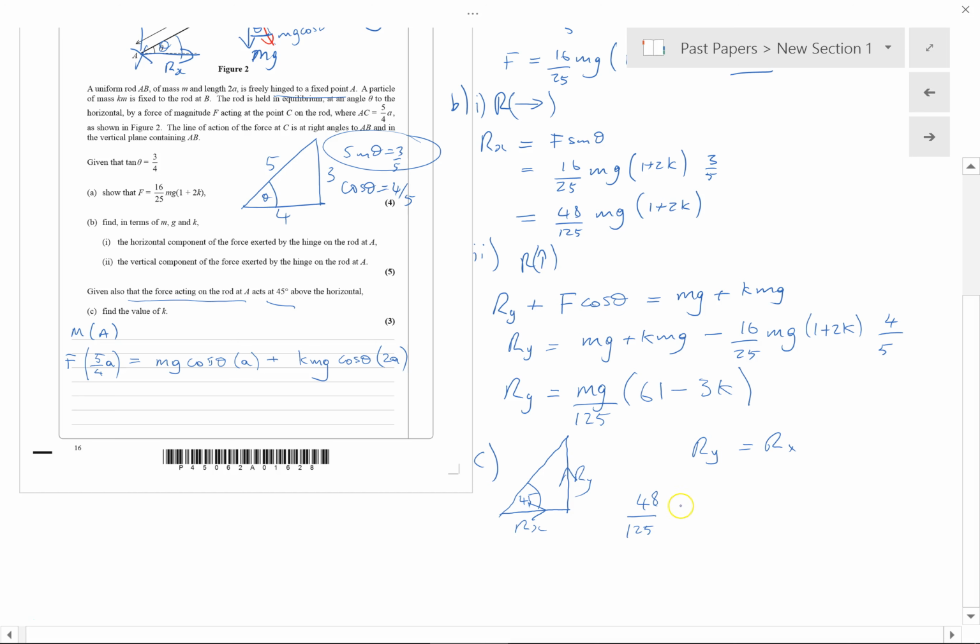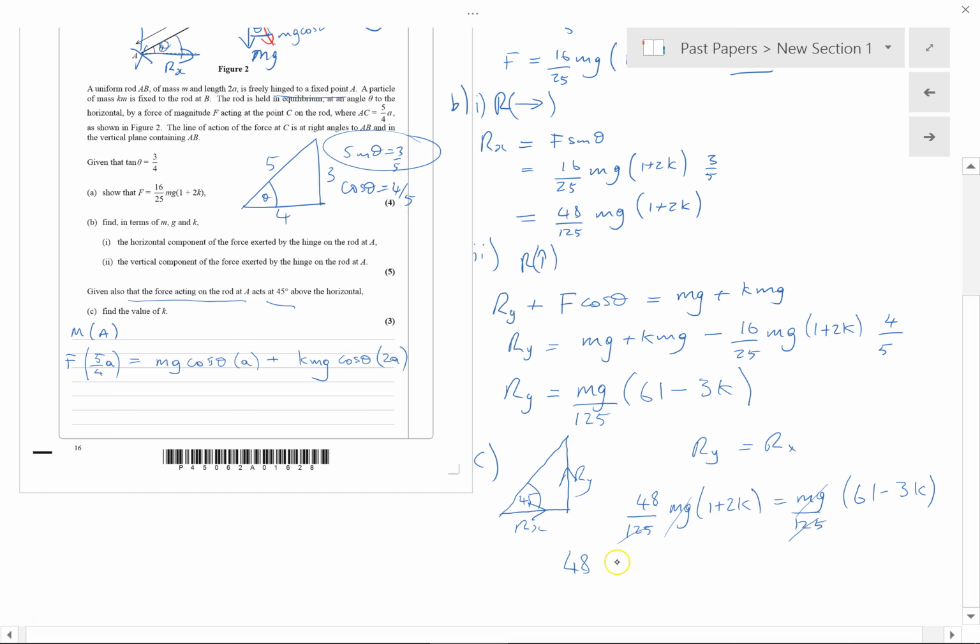So 48 over 125 mg times 1 plus 2k equals mg over 125 times 61 minus 3k. Cancelling the mg, cancelling the 125.